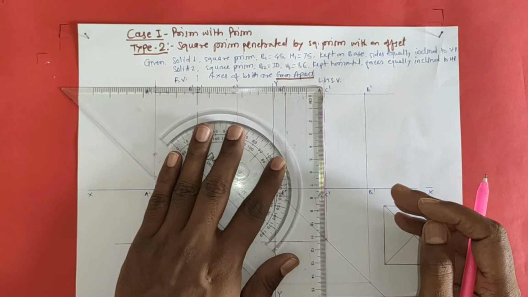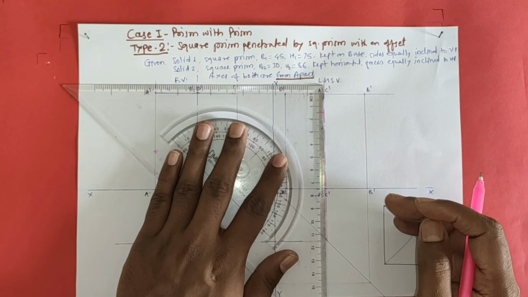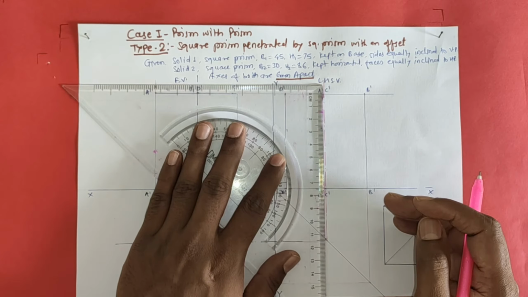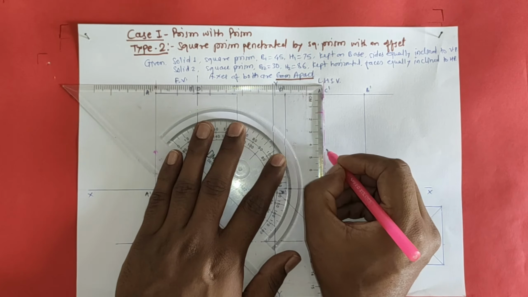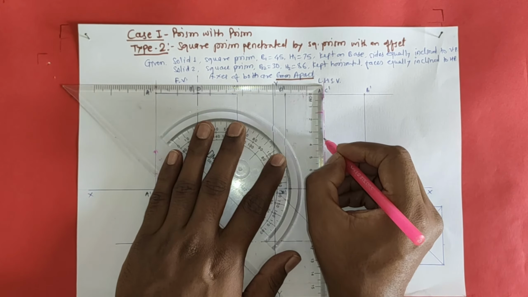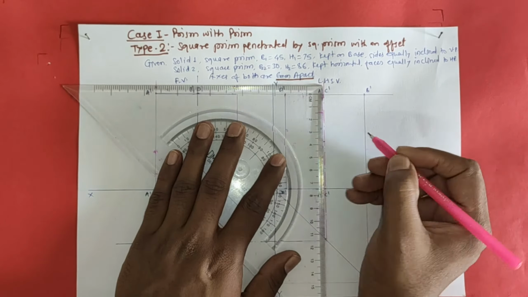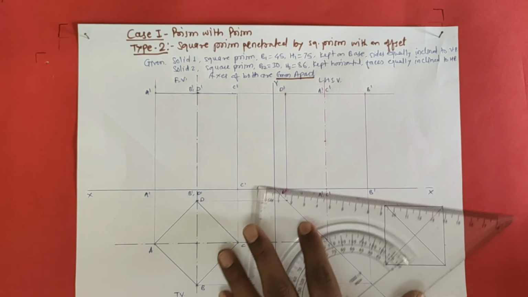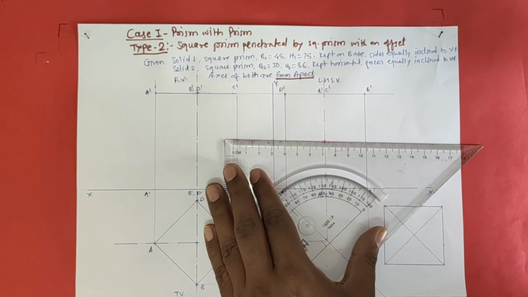For the side view I will mark center point here. It's totally 75 mm. 75 divided by 2, 37.5. So 35, 36, 37.5, it comes here. So from this I will draw a center line.